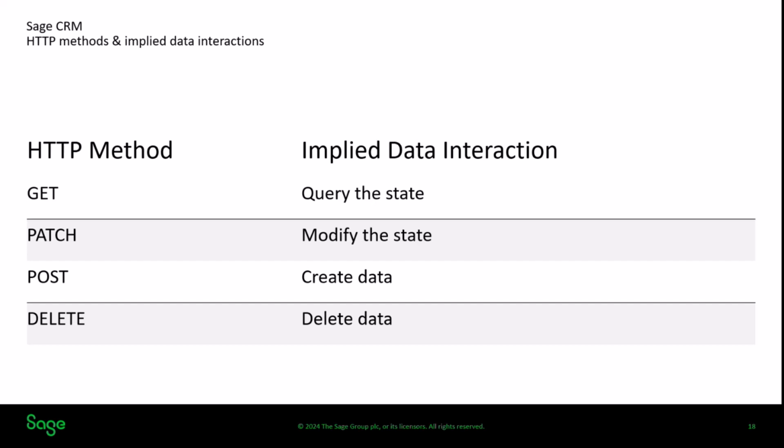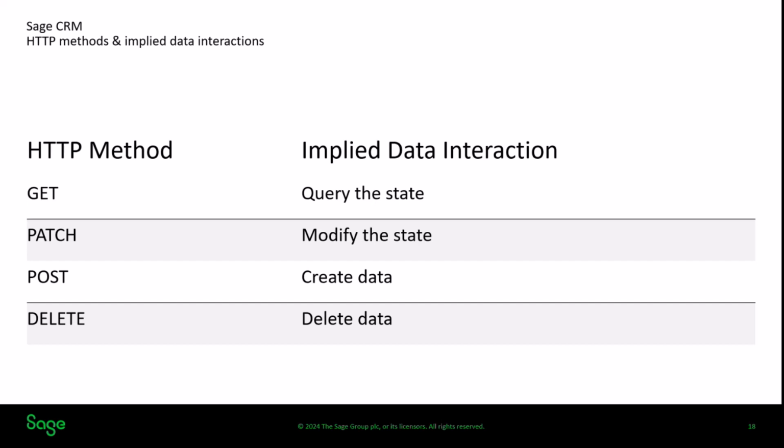If you're using a browser, you're always going to be using a GET. But when you come to carrying out an action within an HTML form, very often that's a POST. For example, in the CRM interface, we send data back to the server in a form by posting it.